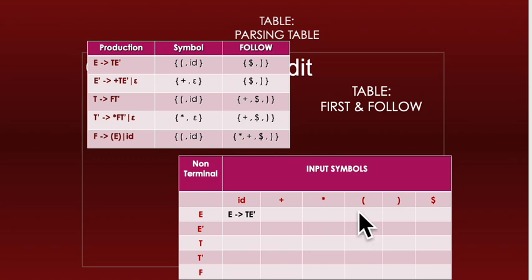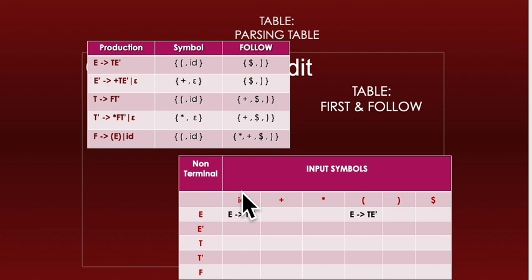So under open parenthesis and under ID, write the corresponding E production in the given grammar. For E there is only one production, so under ID and under open parenthesis we write down the corresponding production, which is E gives T E dash.